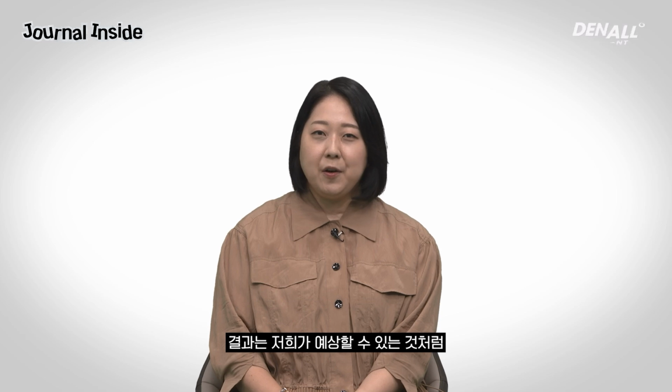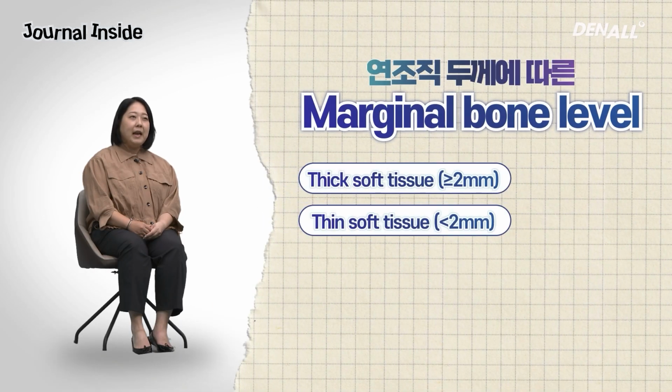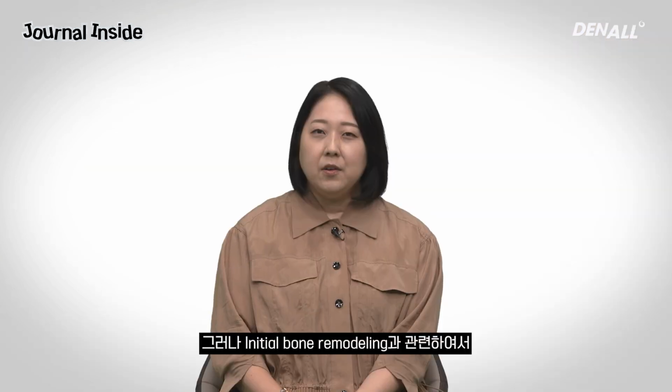As expected, there was about a 0.5 millimeter difference in marginal bone level between thick and thin soft tissue cases at the time of implant placement. In other words, there was less early marginal bone loss in the thicker soft tissue. Other than that, patient age, follow-up period, etc. did not have a significant impact.